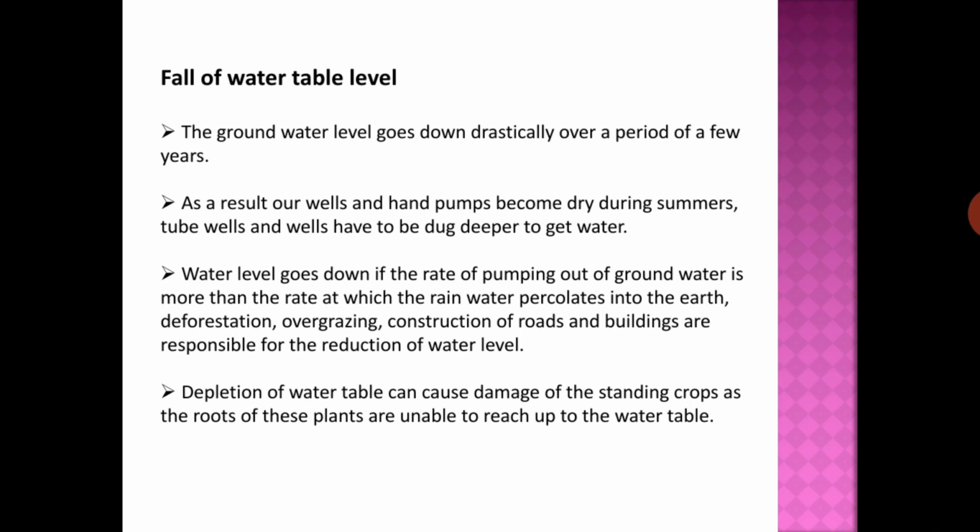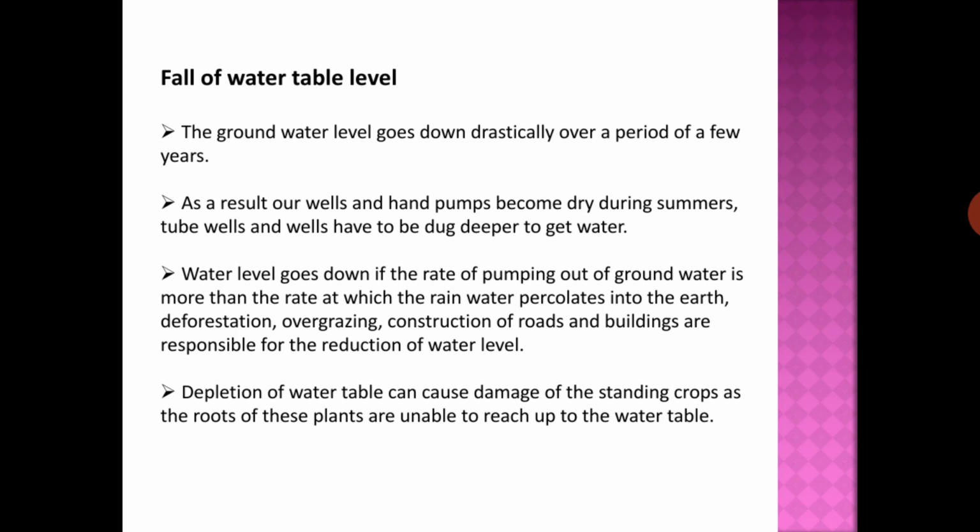Here comes the fall of the water table level, that is, the fall of the groundwater level. The groundwater level goes down drastically over a period of a few years. Nowadays it is increasing; the groundwater level is becoming less. As a result, our wells and hand pumps become dry during summer.